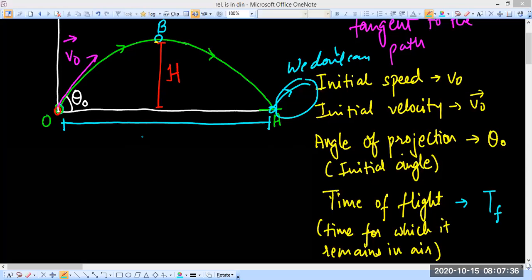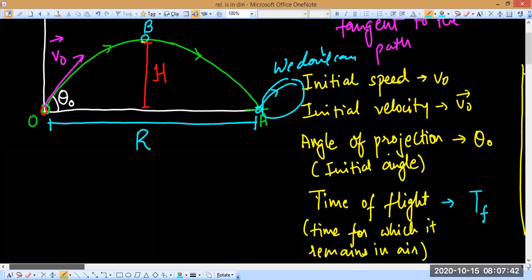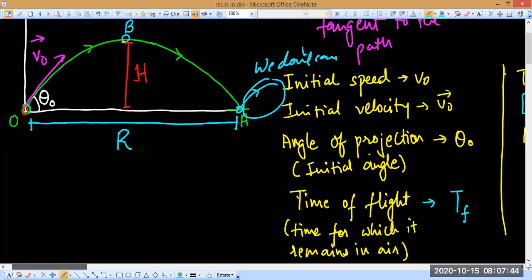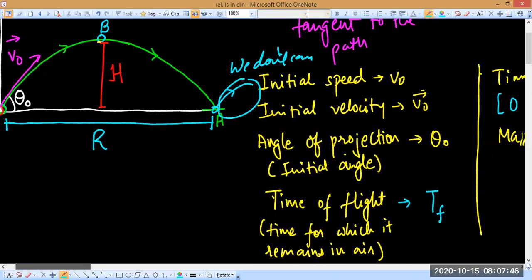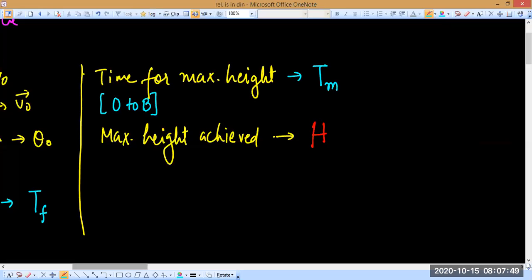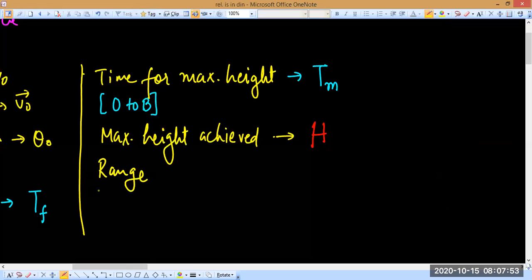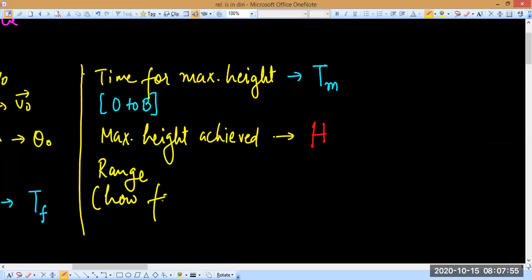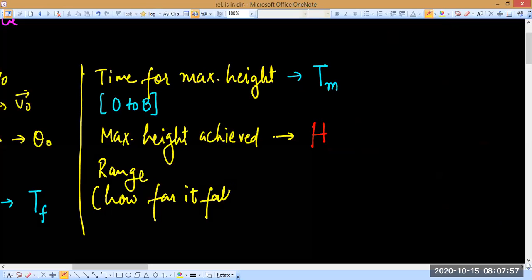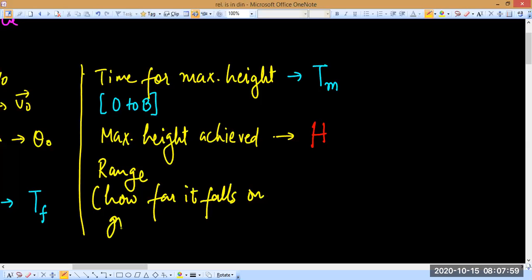So this is called range. R, range. It's a very easy word. Range means how far it falls on the ground.